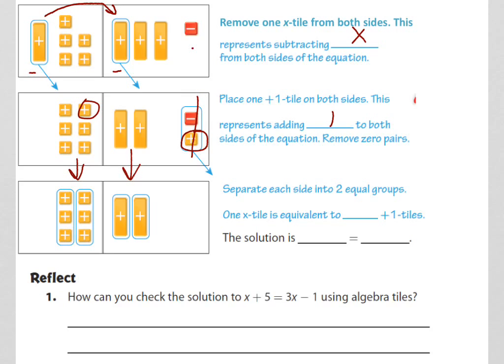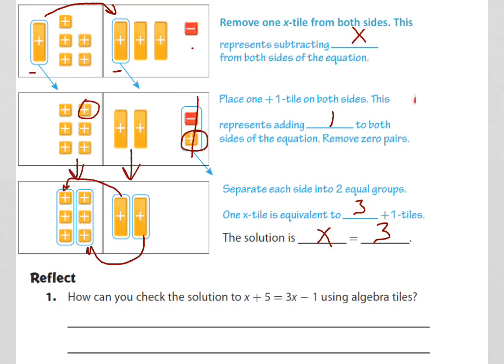So if we separate these into 2 equal groups, I'm winding up with 1 x tile is equal to 3 plus 1 tiles. So if that's the case, my solution is telling me that x is equal to 3.